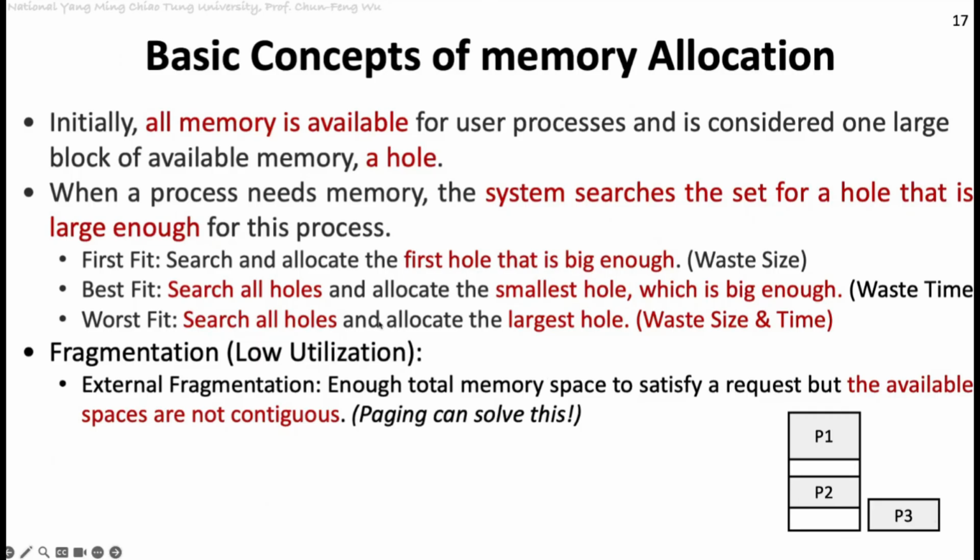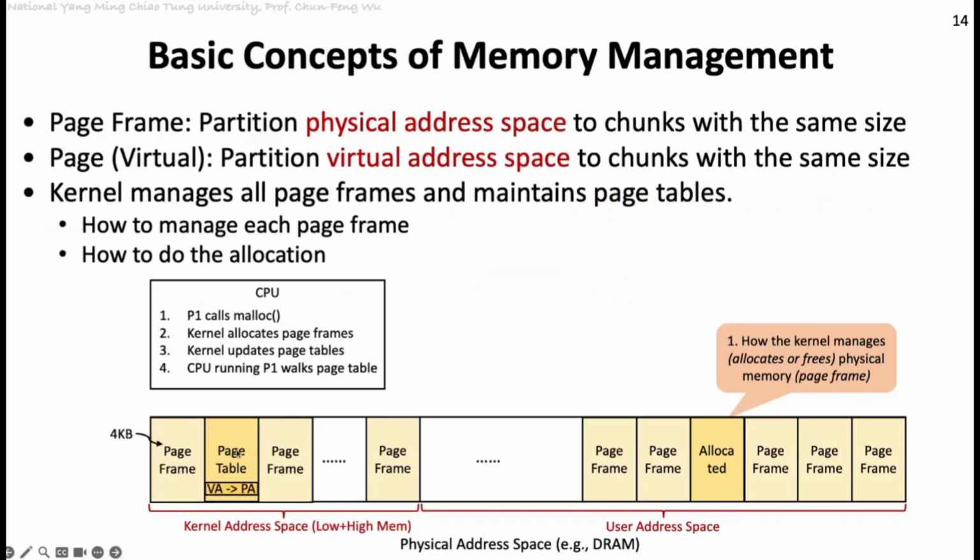Oh, sorry, there is a very important thing I didn't let you know. When we are doing this kind of addressing and memory management, each page frame should be continuous. Each page frame should be continuous on the physical address. For example, this page frame A cannot be split into two other page frames.